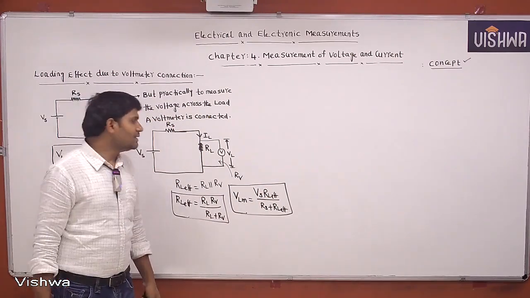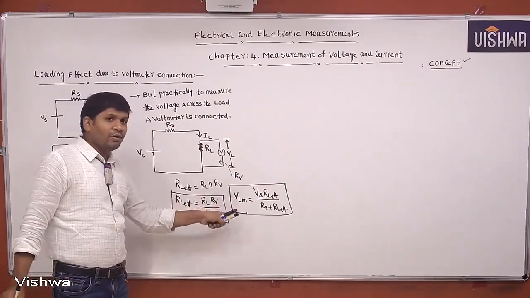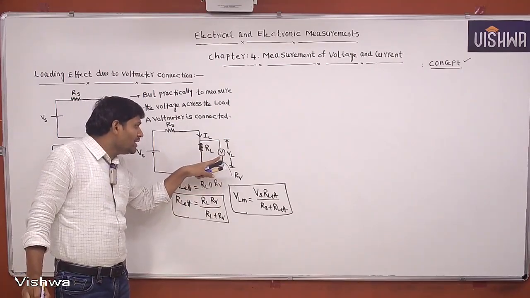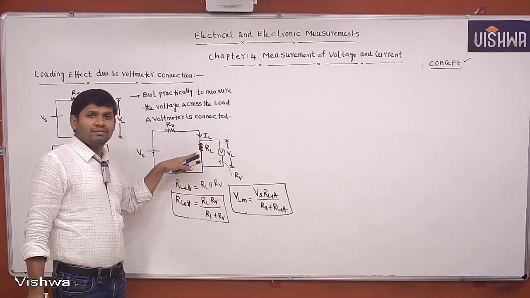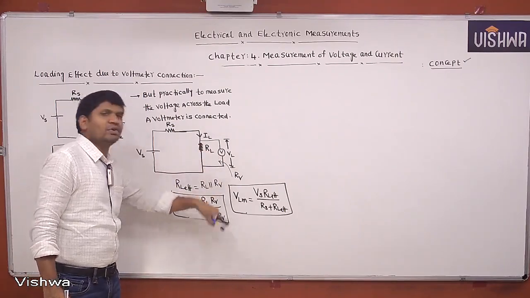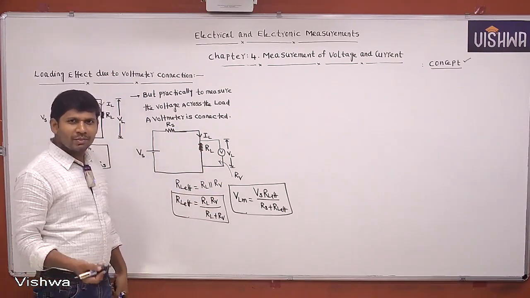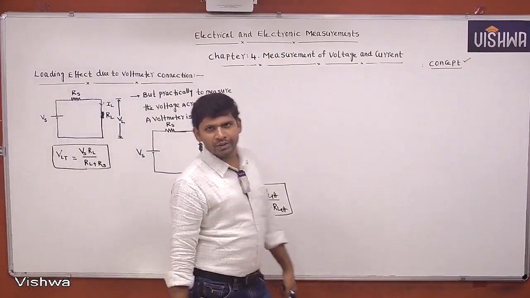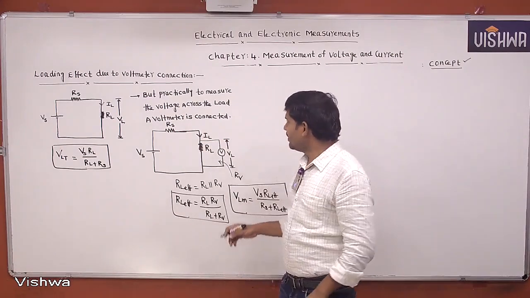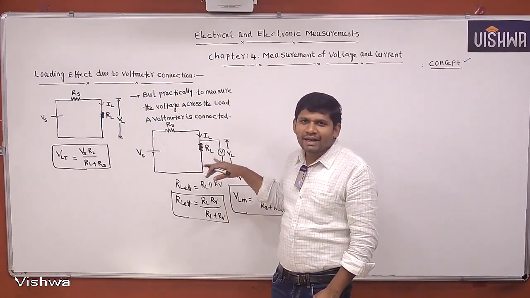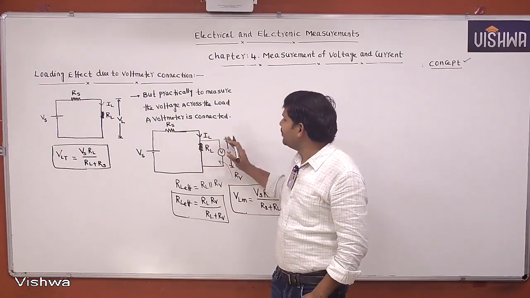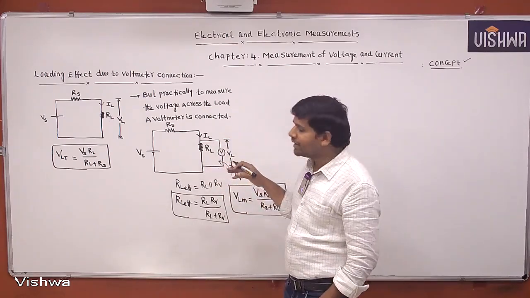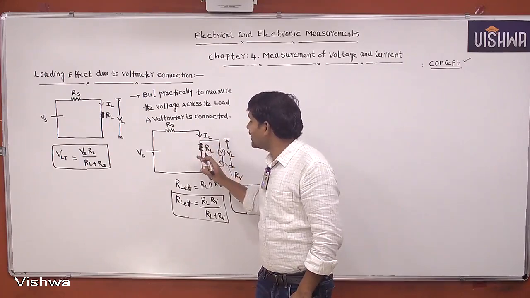Understood? Listen please. It is not a true value, it is a measured value. Why? This voltmeter is not exactly measuring RL. It is measuring RL effective. Now this is nothing but a loading effect. Then how to define loading effect, you tell me? Whenever voltmeter is connected, because of input resistance of voltmeter, the actual load conditions are changed.